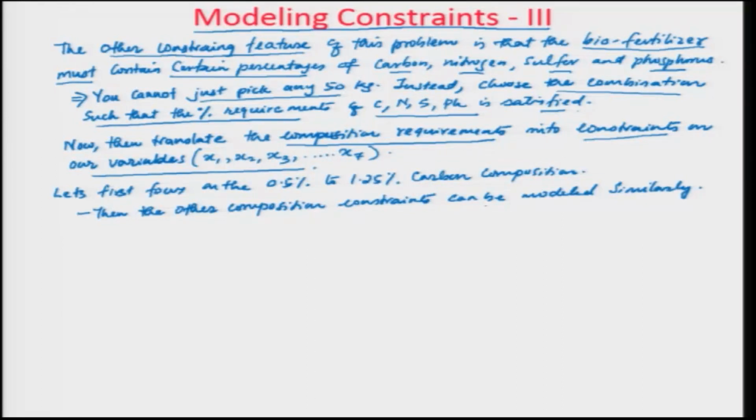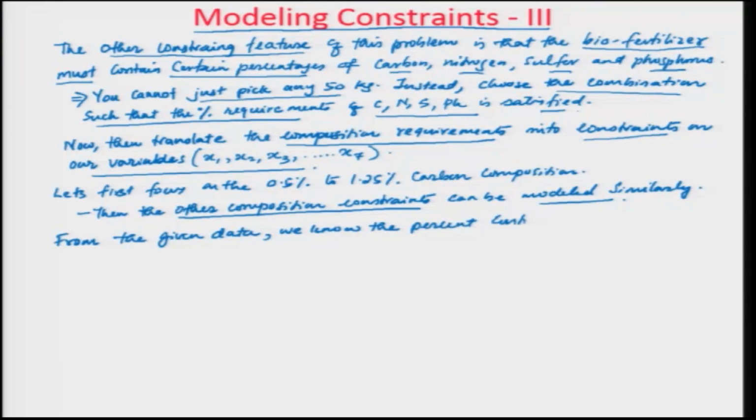Okay. So once we attack the carbon composition constraint, then for the other composition constraints we can use the same methodology to model them. From the given data, we know the percent contribution of carbon by each of the raw materials.